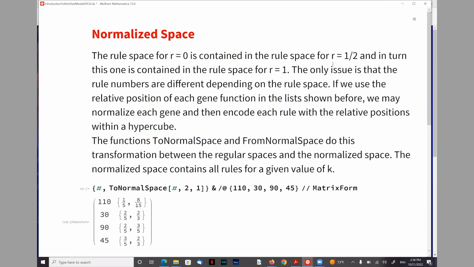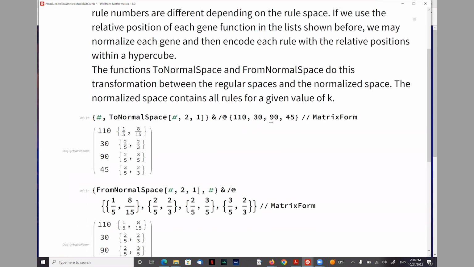So I used that and said, okay, I can use that position and divide it by the number of rules that I have, in this case the primitives. And then I can get a normalized vector instead of just the other one. So in the case of 110, 30, 90, and 45, these are the normalized vectors. That will give you the position within the hypercube.